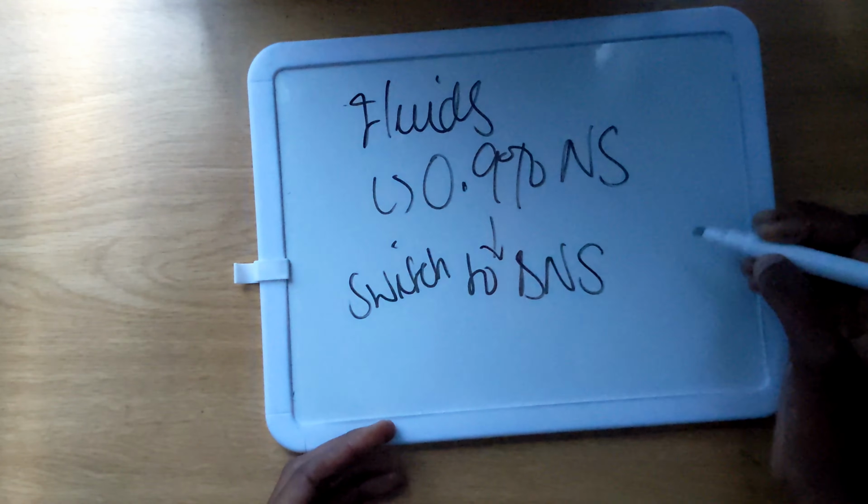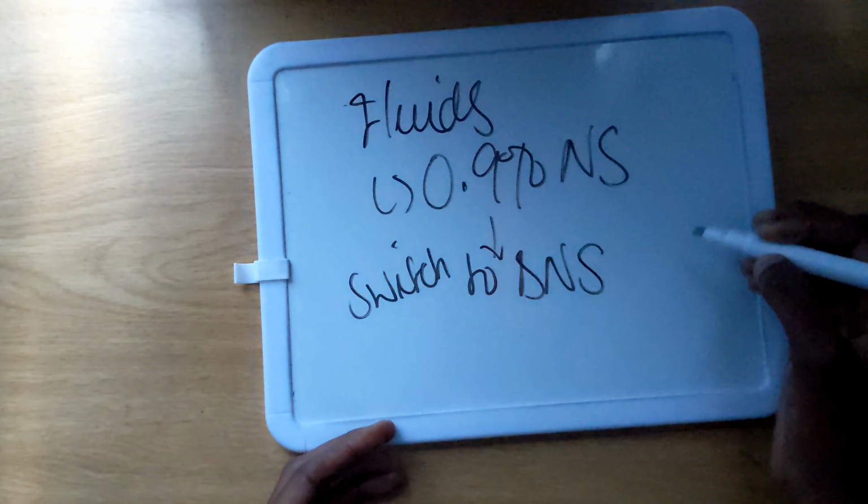So you give potassium chloride, which is 10 to 20 millimoles, and what you do is put this 10 to 20 millimoles in 500 mils of normal saline in the first 24 hours.